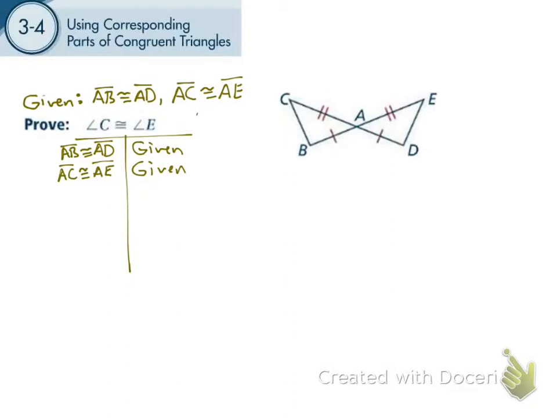Anything about a bisector? But what happens at these angles at this funny looking bow tie? Oh, they're vertical. Are their vertical angles congruent? All right, so let's write that one in. Angle CAB and angle EAD.